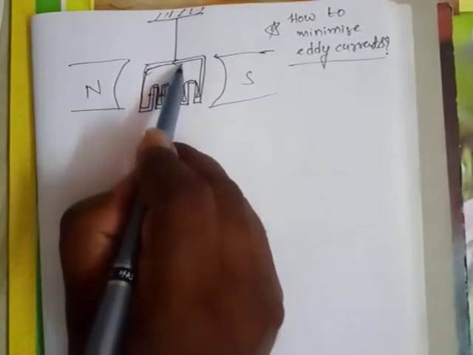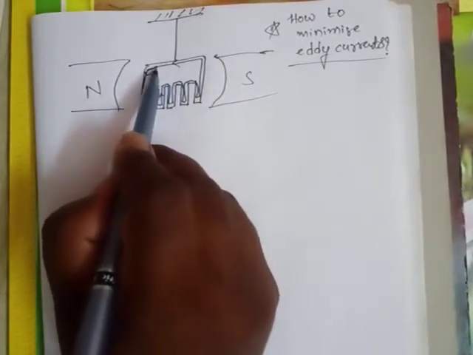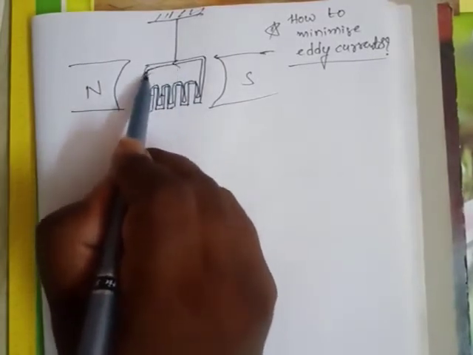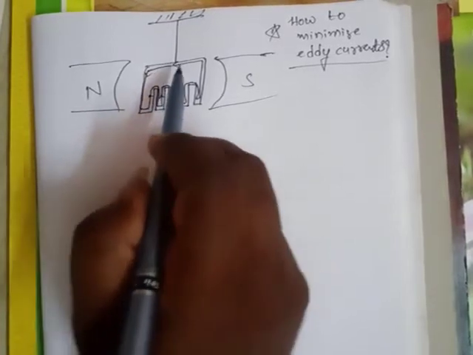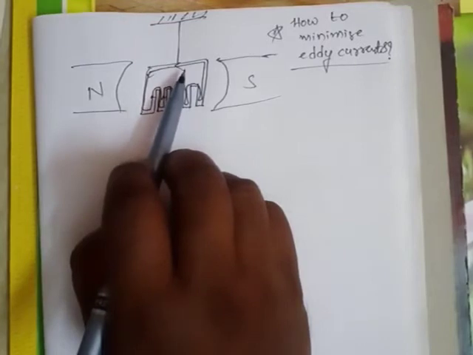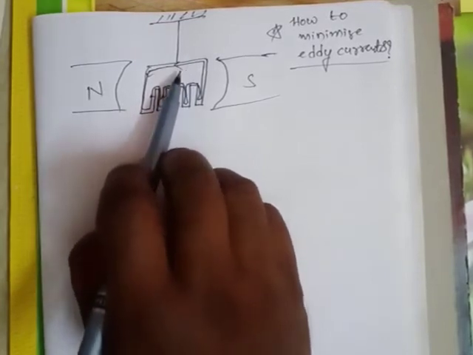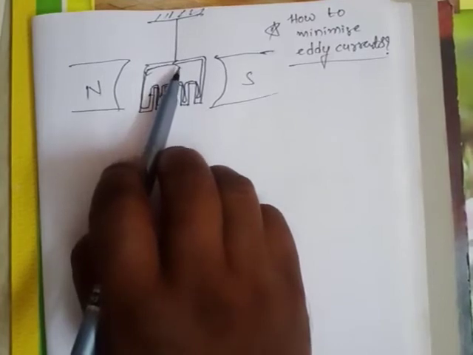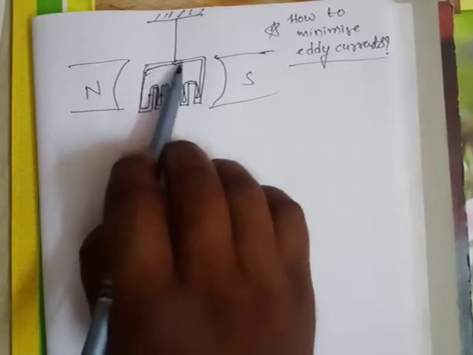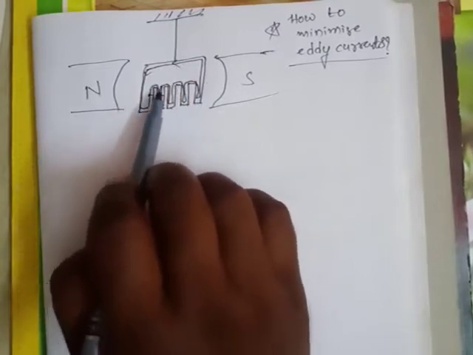Because the current magnitude is less here. When an electric current is produced, generally it is due to the motion of electrons, and here also the induced current is produced due to the flow of electrons. The flow of electrons is opposite to the direction of current.